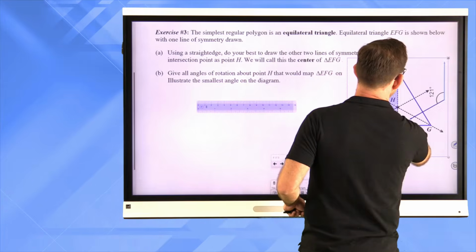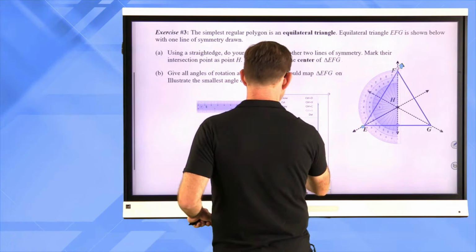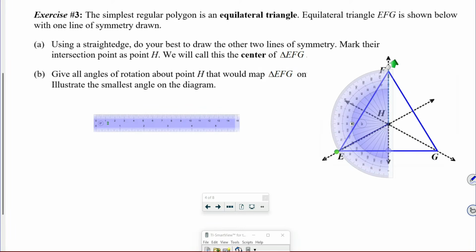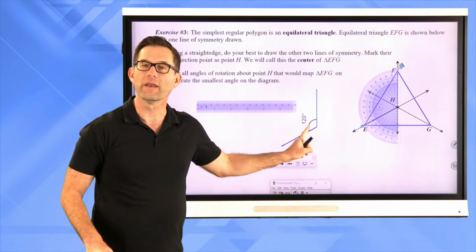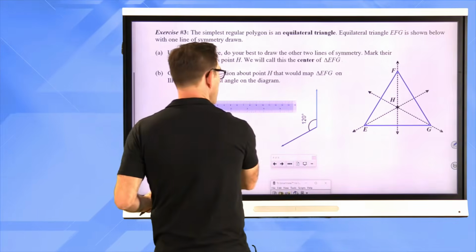It's not doing it. There it goes. Okay, let me see if I can get it correct. There it is. So I had to rotate it 120 degrees.